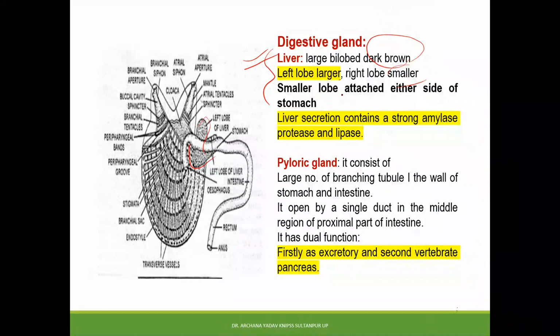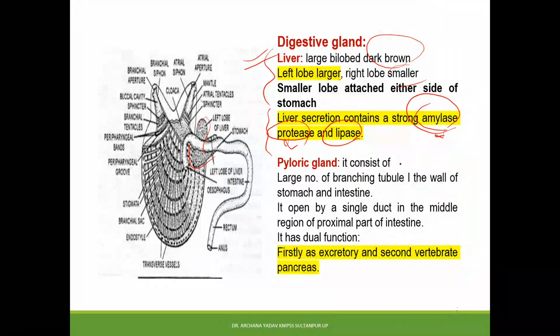The smaller right lobe is attached on either side of the stomach. The liver secretes various types of enzymes like amylase, proteases, and lipase. Amylase acts on carbohydrate or starch, proteases act on protein, and lipase acts on lipids.